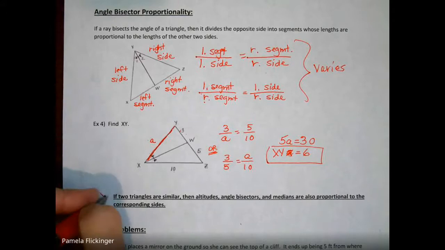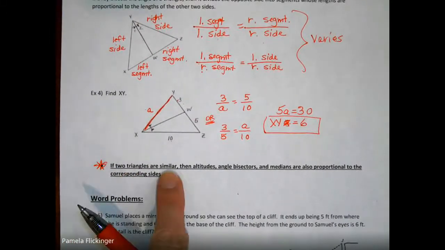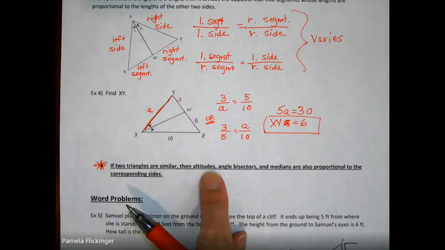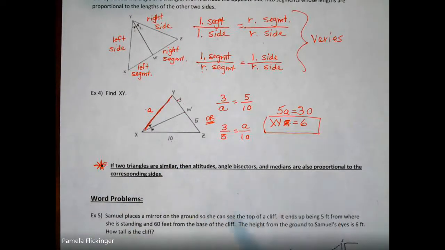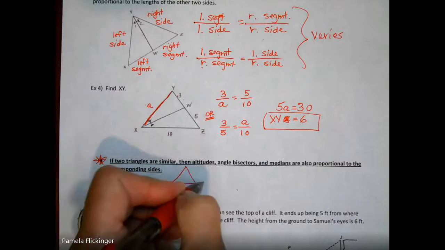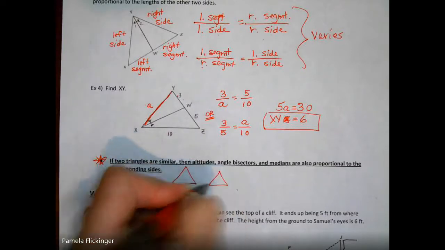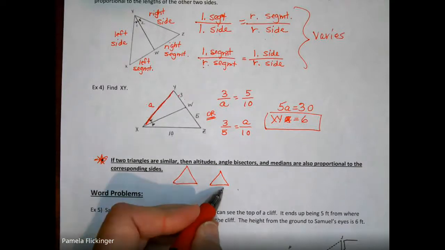And then just know this. If two triangles are similar, then their altitudes, angle bisectors, and medians are all proportional to corresponding sides also. All right, so in other words, if we've got two similar triangles, this one's supposed to look a little bigger than that one.